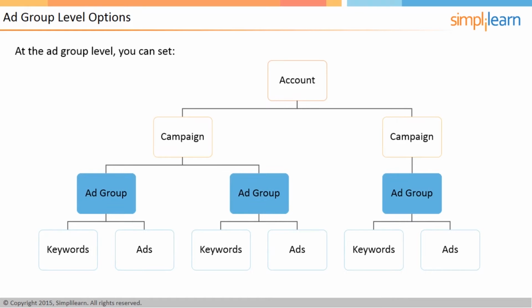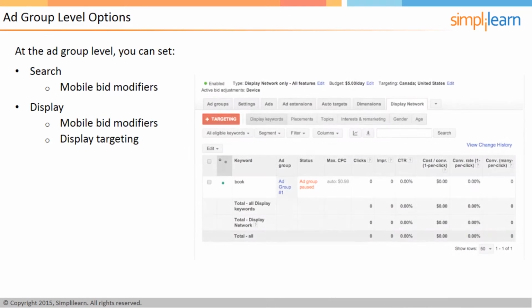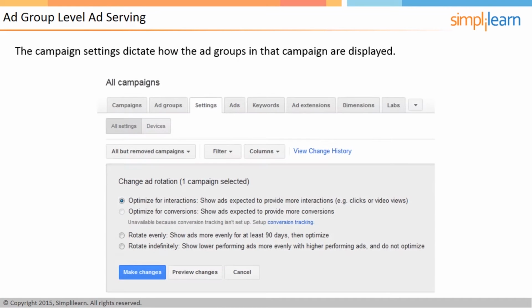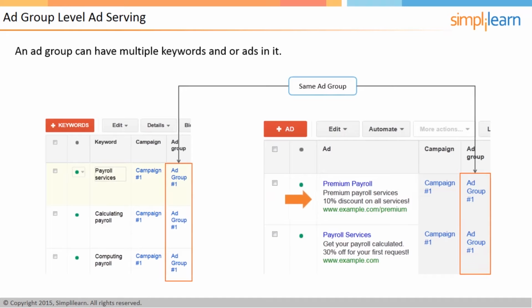Now at the ad group level, you'll set mobile bid modifiers, which we'll talk about in much more depth when we get into bidding later on. For display, you can set your display targeting. Again, we'll get into much more detail on display targeting in our display modules. At the ad group level, the campaign settings dictate how the ad groups are going to be displayed. An ad group can have multiple keywords or ads in it. An ad group needs to have at least one ad and at least one keyword to be displayed.